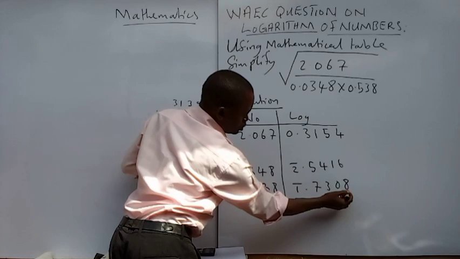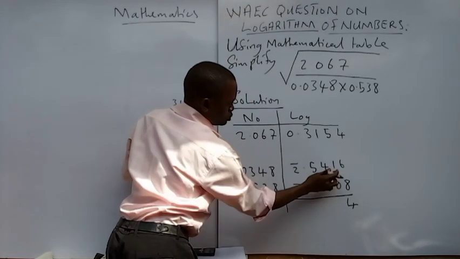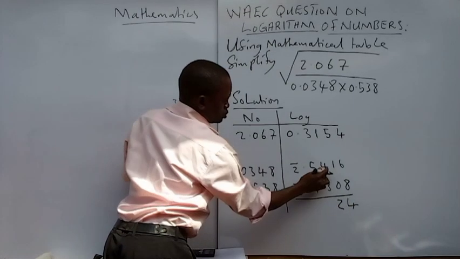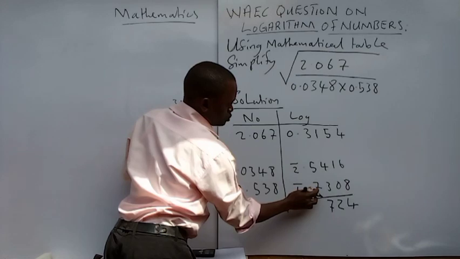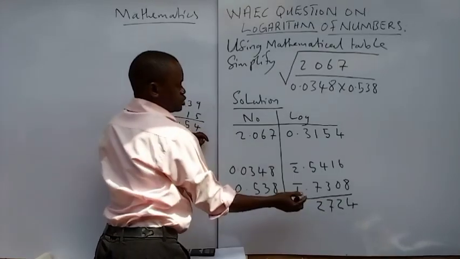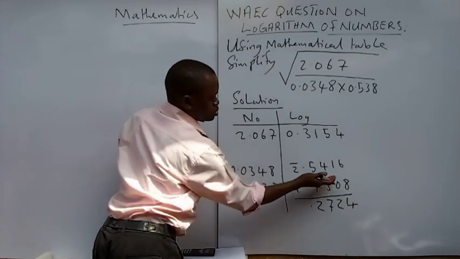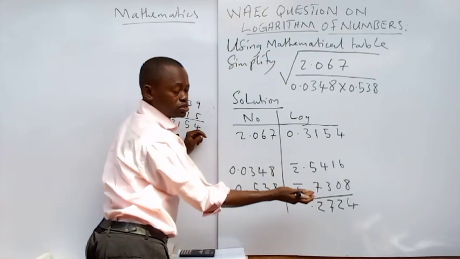So this plus this is 14. Write 4 carry 1, put it here. This is 2, this is 7, that is 4 plus 3. 5 plus 7 will give us 12. Write 2 carry 1. Now I told us that this mantissa part is treated like positive numbers, so you add them like you are adding positive numbers.